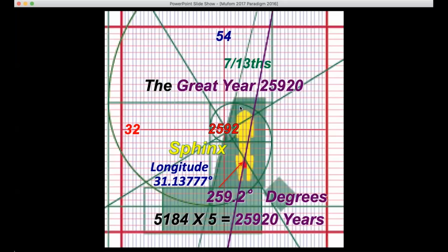But what we're looking at now is if we go around that circle and divide that circle into 259.20 degrees, based on our 0 being at the north position, or the right hand center of our circle, not the center, but the outside edge of our circle to the right as you're looking at it would be 0, and go counterclockwise around 259.2 degrees, and bingo, we're right at the intersection of the diagonal of the golden rectangle and the head of the Sphinx.